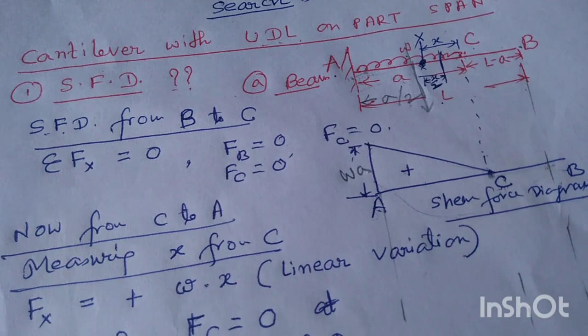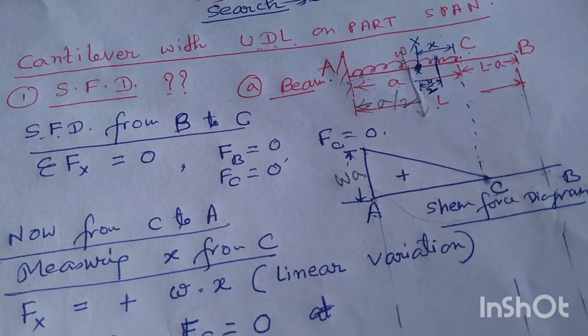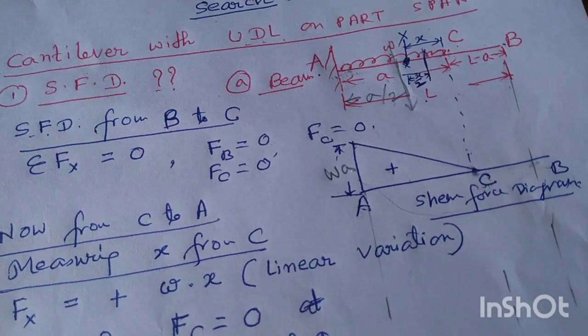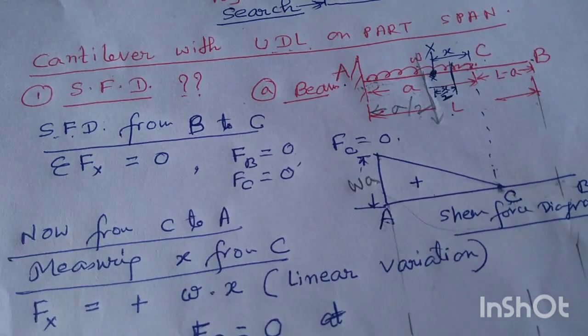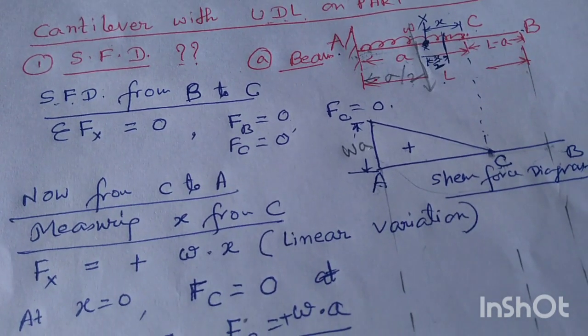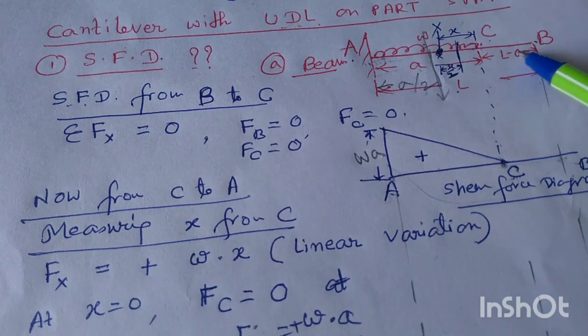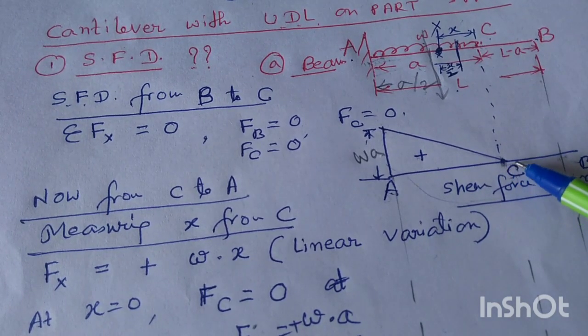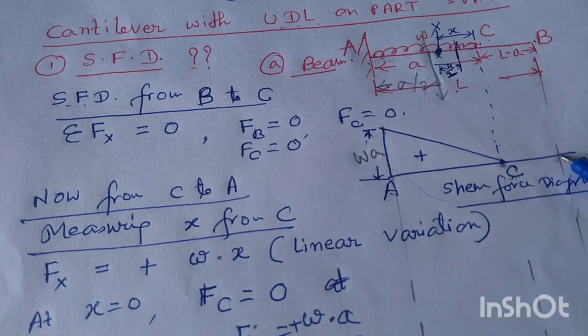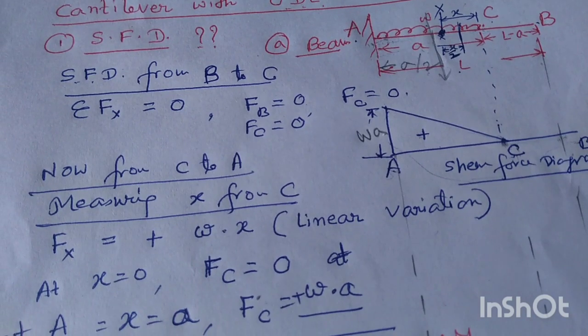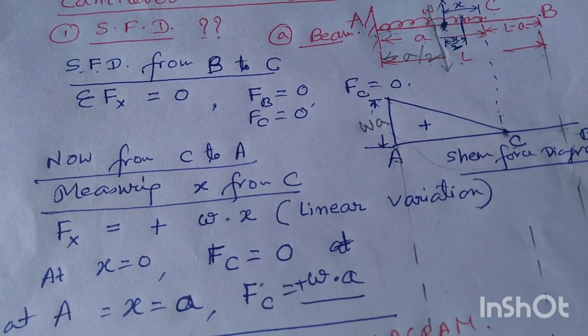Then for shear force diagram, just you see that since there is no loading between C and B, so naturally there is no shear force between B and C, and the graph will be a straight line. So I request you not to leave vacant but simply draw a straight line. Otherwise the answer will be wrong and some marks will be deducted from it.